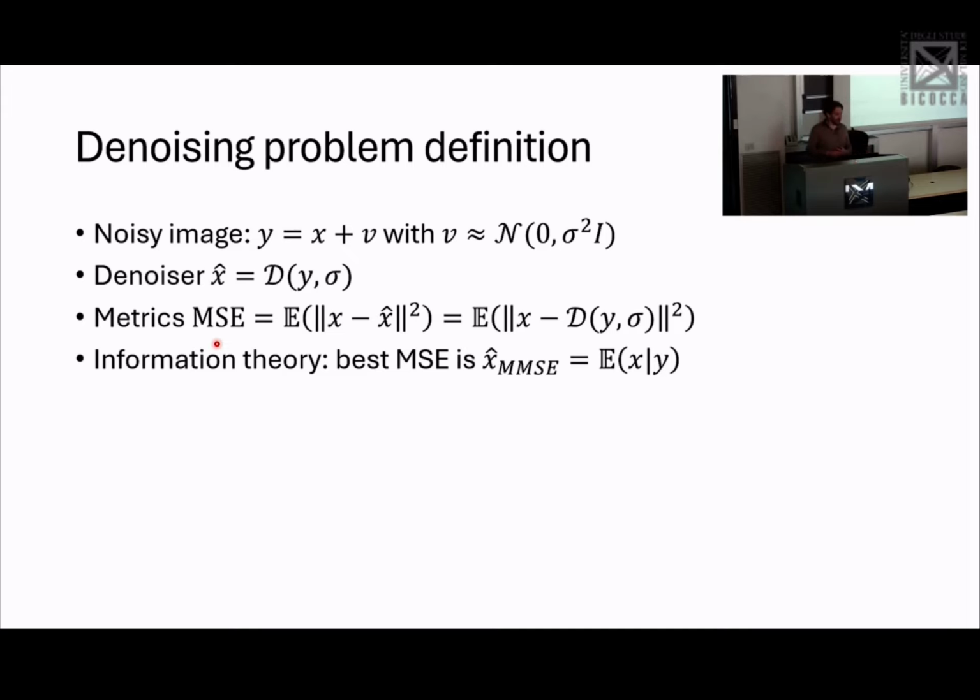Information theory tells us that the best mean square error that you can achieve actually is the expectation, in terms of probability theory, of your image x given the input image y.